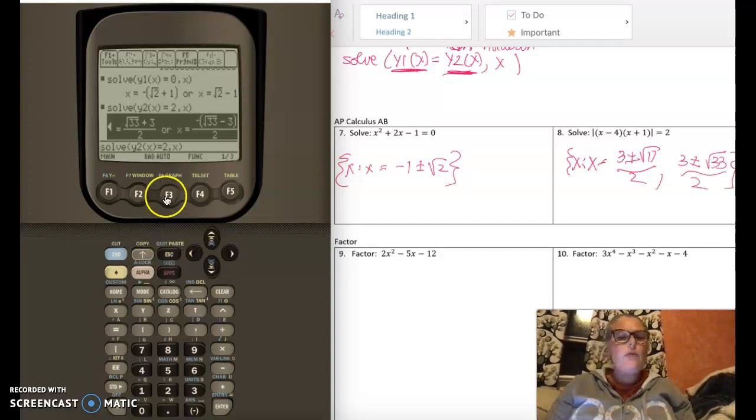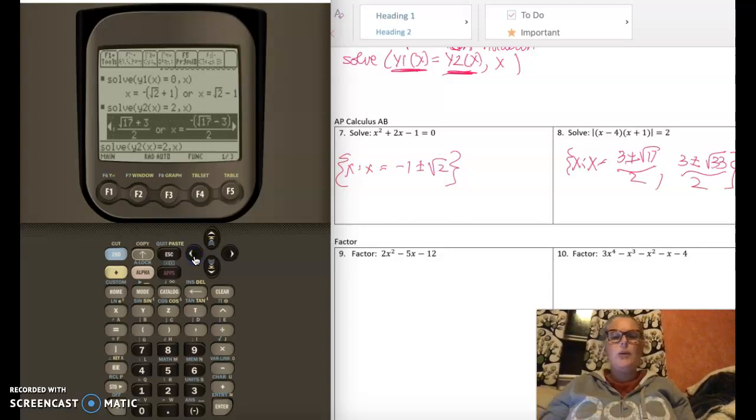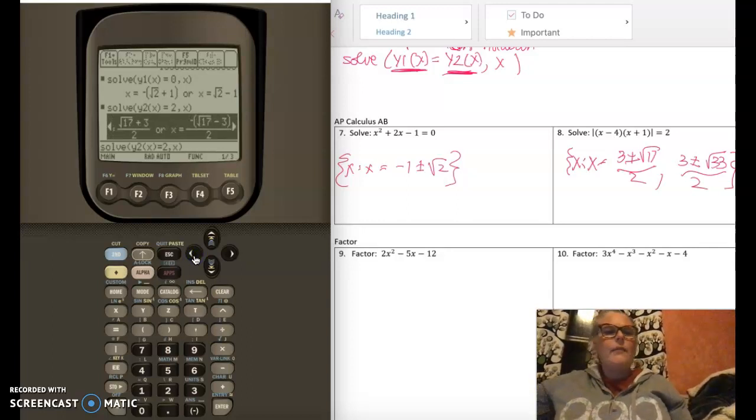So there are all my 4 solutions. Let me just make sure I did that right. Was it 3 in both cases? Yeah, it was. Perfect. All right, exact value solutions.